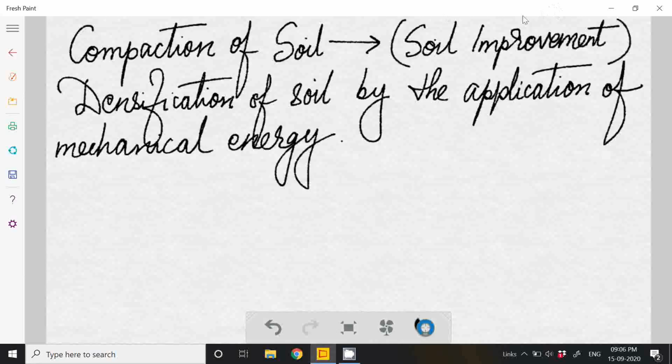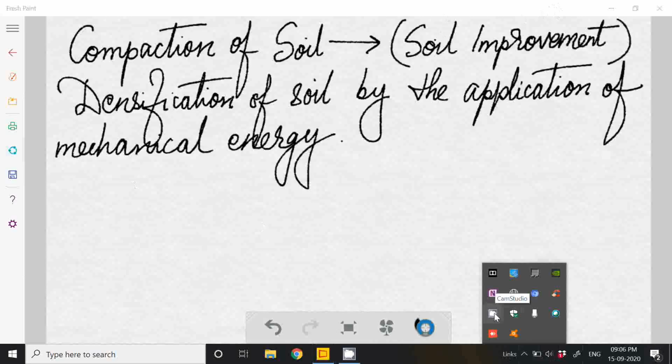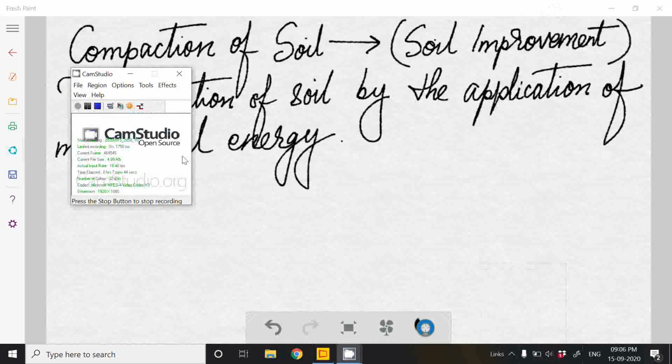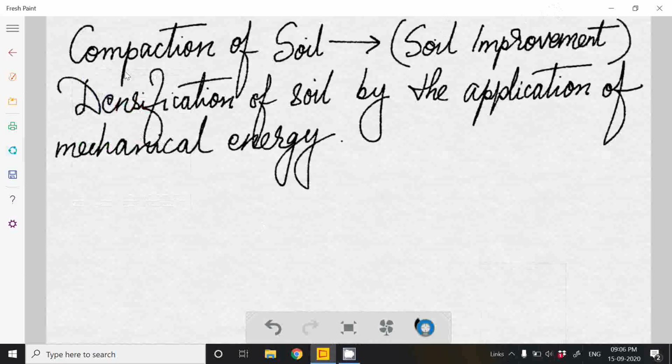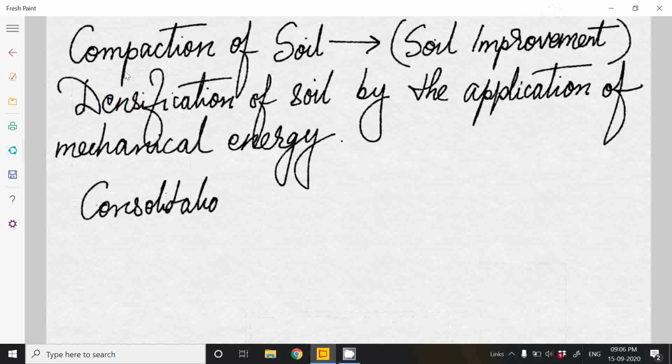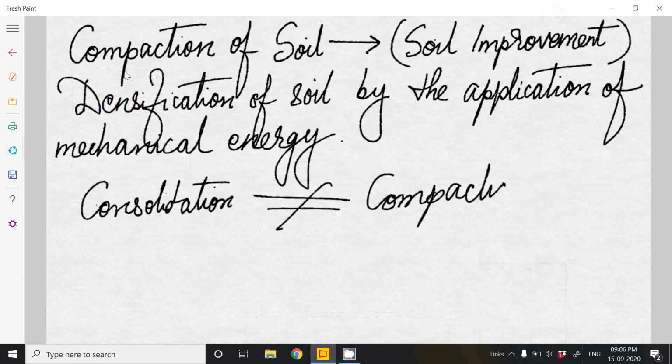There is another term which is called consolidation, and compaction and consolidation are not exactly the same. Consolidation is not equal to compaction. There is a huge difference between them.